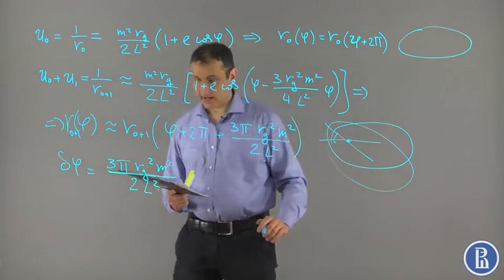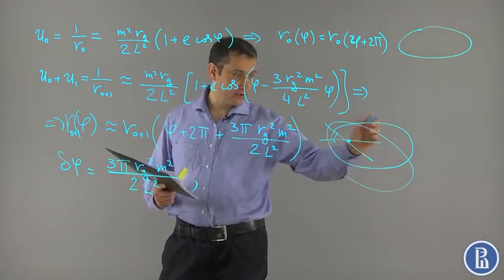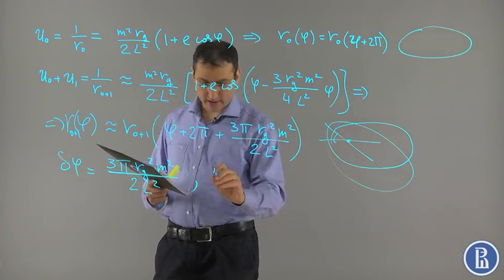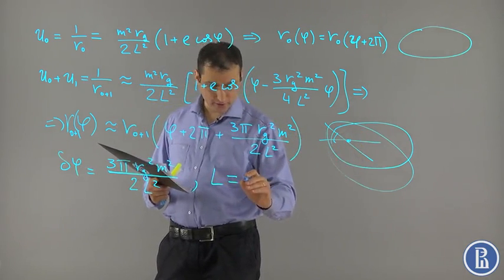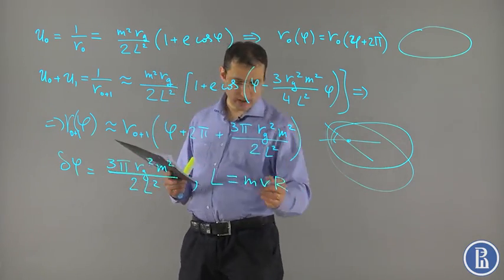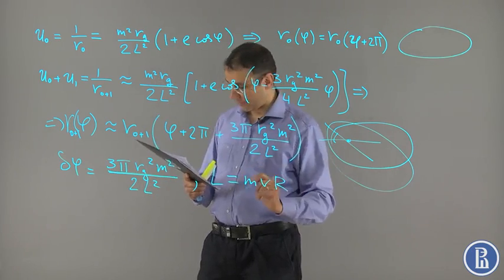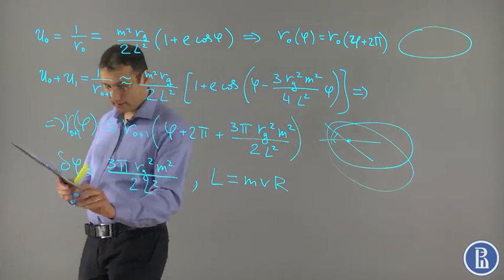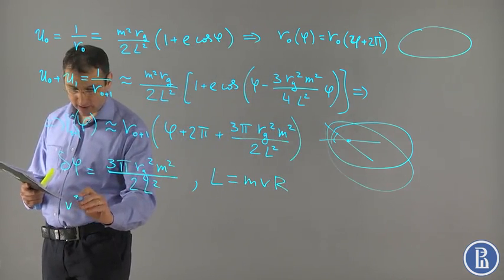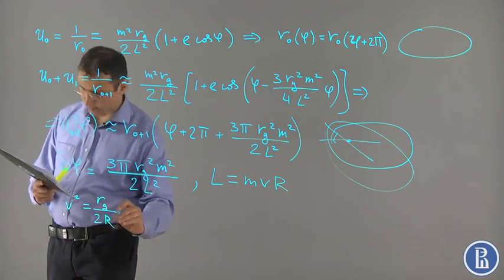So in the case of a circular orbit, if we have a circular instead of an elliptic orbit, L in the non-relativistic limit is just m v r, where m is the mass of the planet, v is its velocity, r its radius, and we also have that v squared is equal to Rg over 2r.